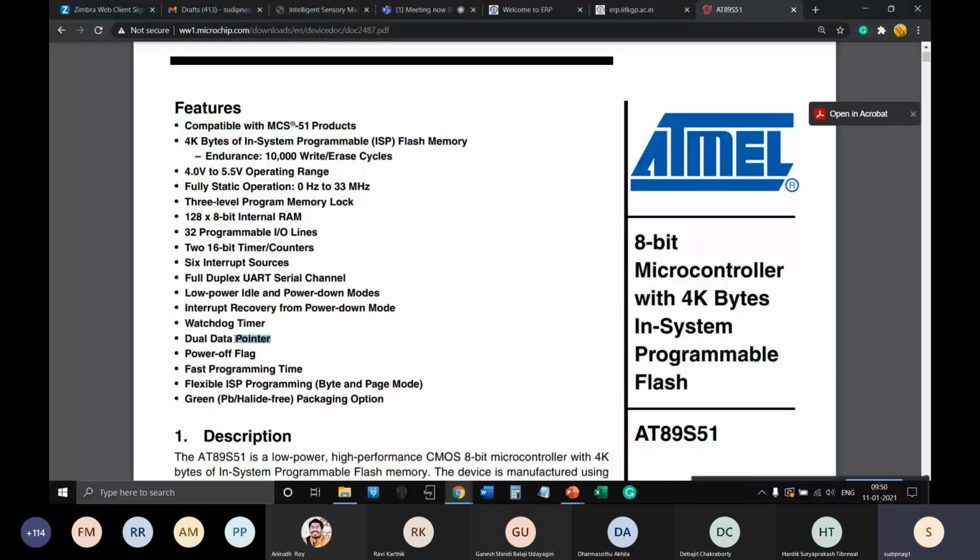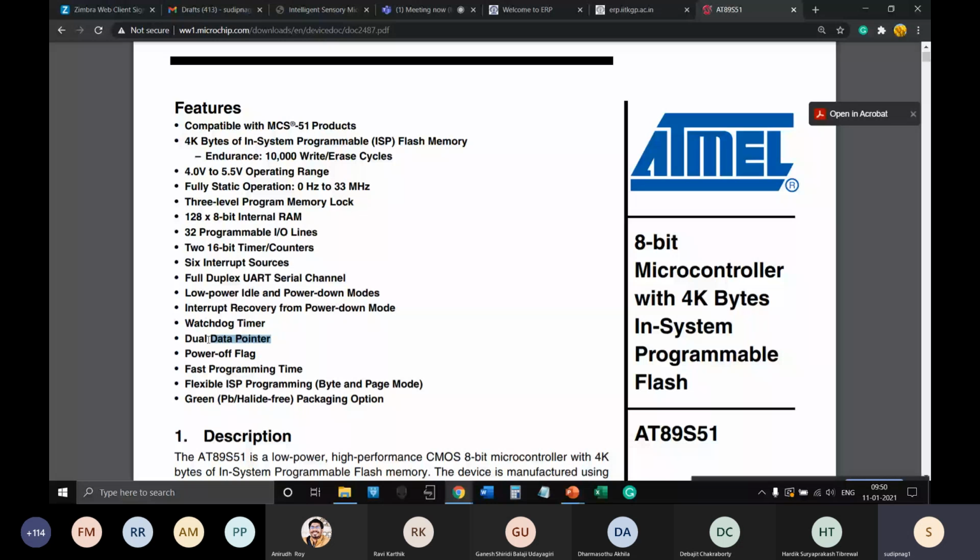That's the more appropriate name which is used here. So the program counter is looking after the addresses for the code memory, the program instructions, wherever they are stored. Whereas the data pointer is equivalent to the program counter, which tracks somewhere in the RAM for data. Okay, and there are two such data pointers.